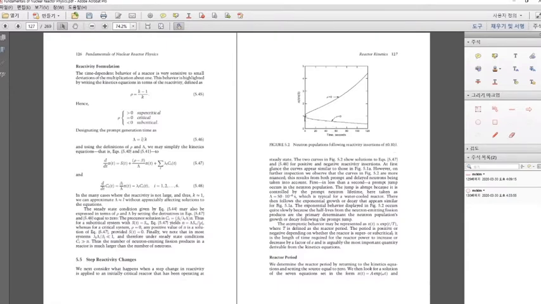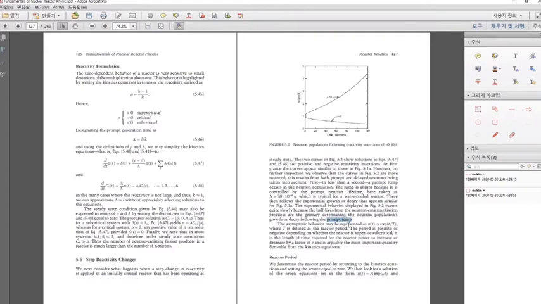In the very early duration of the neutron population change, we can see that the neutron population suddenly increases and approaches some value. And then it follows an exponential change. This is called a prompt jump.